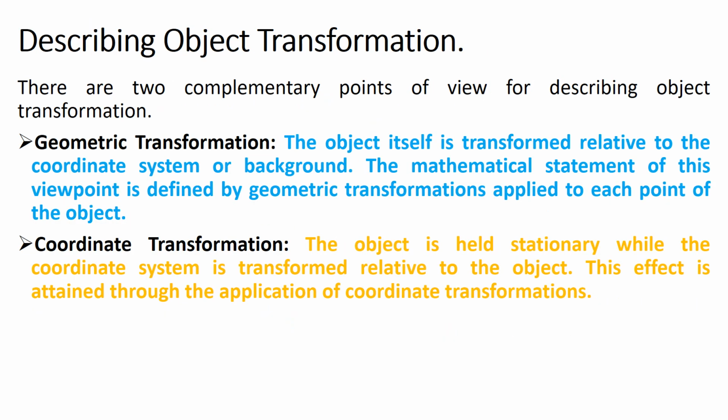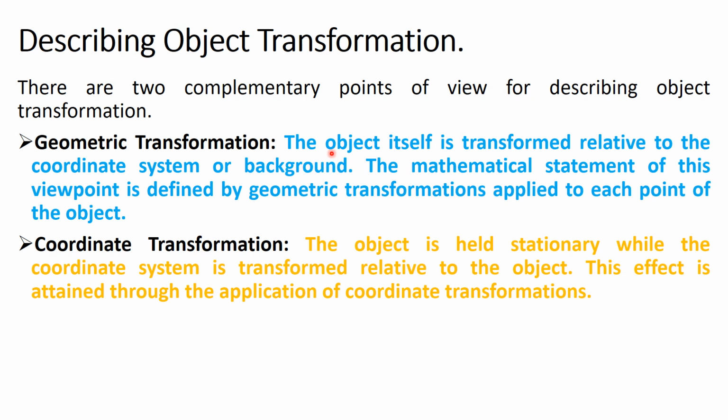Describing object transformation. There are two complementary points of view for describing object transformation. These are geometric transformation and coordinate transformation. In geometric transformation, the object itself is transformed relative to the coordinate system or background.